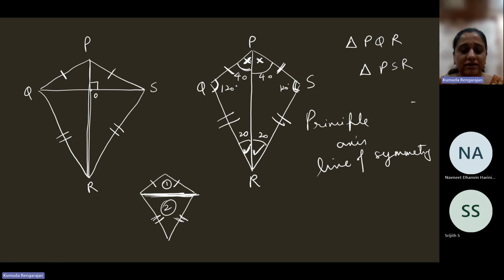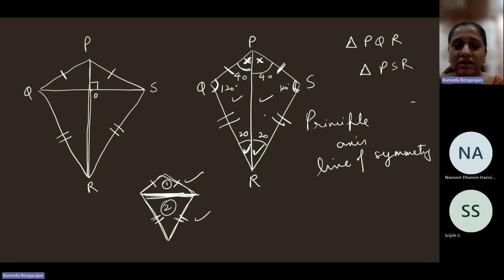So the shorter diagonal divides the kite into two isosceles triangles. This is an isosceles triangle and this one is an isosceles triangle, but they are not identical. They look different. But here, these two triangles are identical.